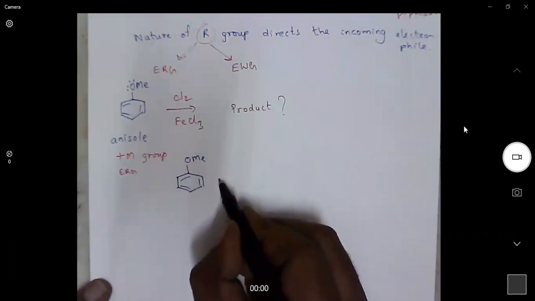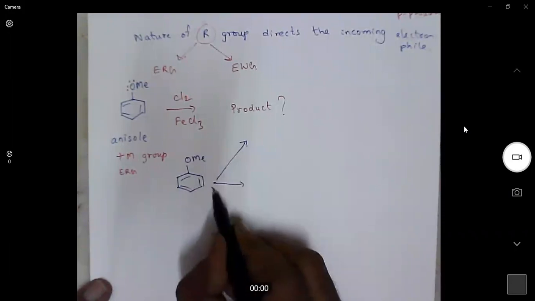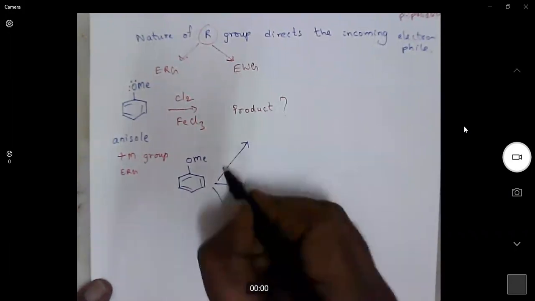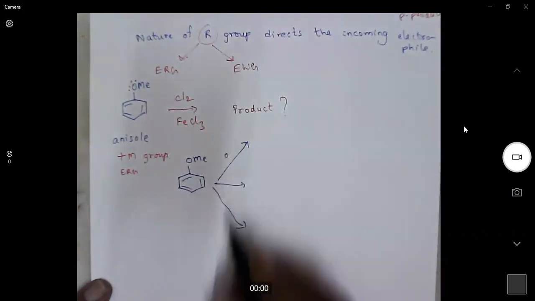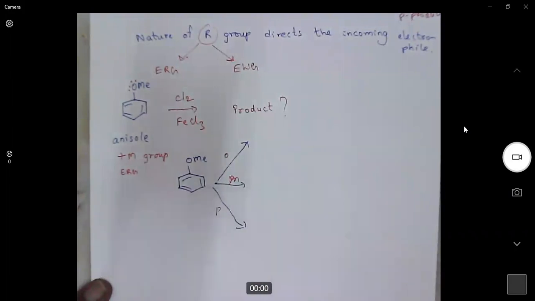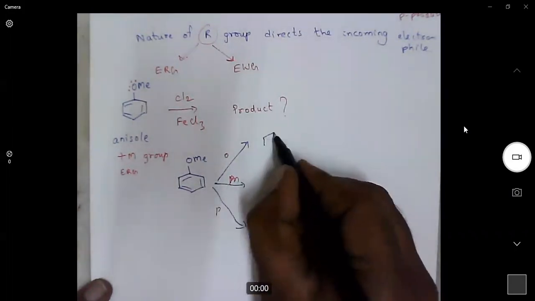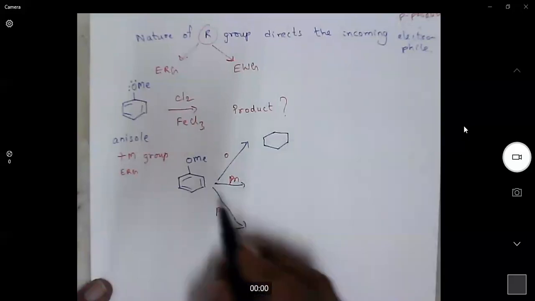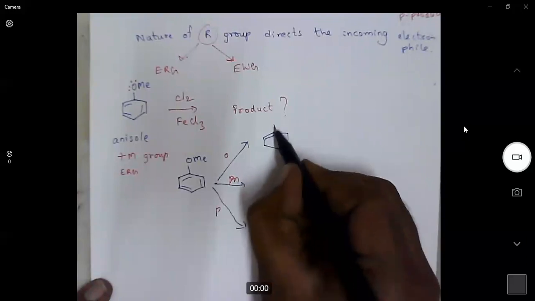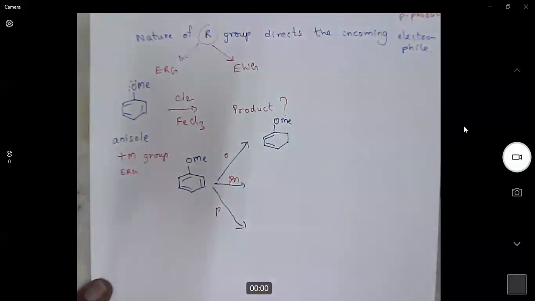Now there are three possibilities. We will look at them one by one: ortho product, meta product, and para product. If the electrophile attaches at the ortho position, that means this position. As we know the mechanism, I'll directly write it.